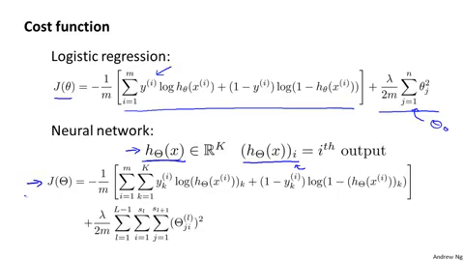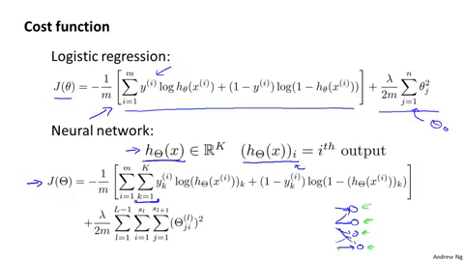My cost function J(theta) is now going to be the following: minus 1 over m of a sum of a similar term to what we had for logistic regression, except that we have this sum from k equals 1 through K. This summation is basically a sum over my K output units. So if I have 4 output units, that is, if the final layer of my neural network has 4 output units, then this is a sum from k equals 1 through 4 of basically the logistic regression algorithm's cost function, but summing that cost function over each of my 4 output units in turn.